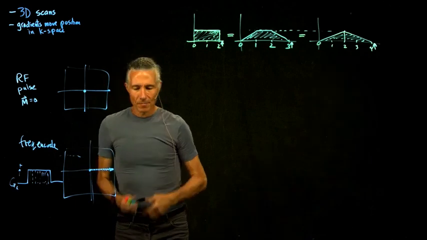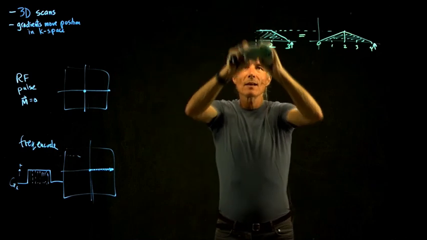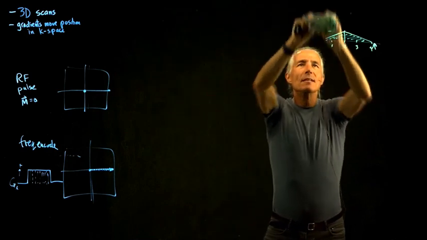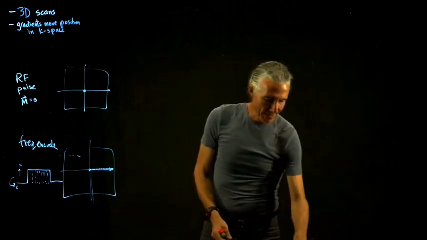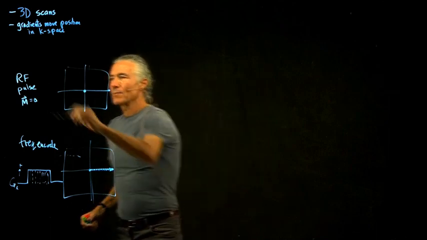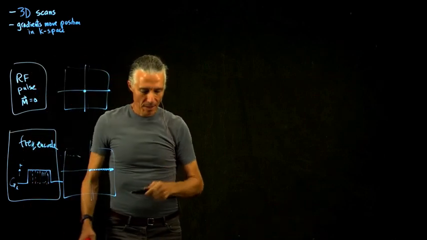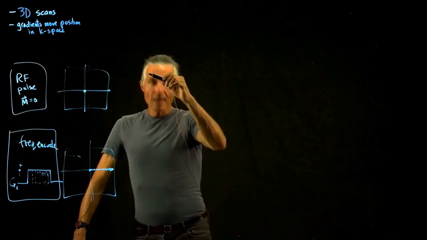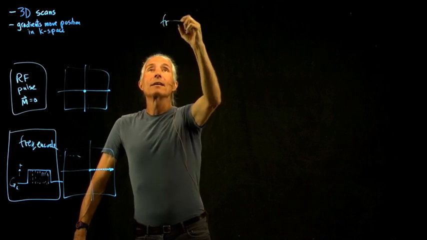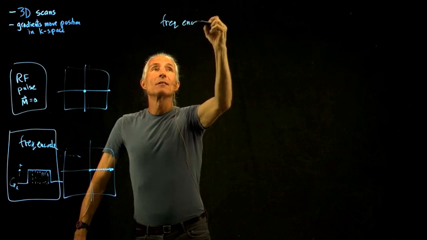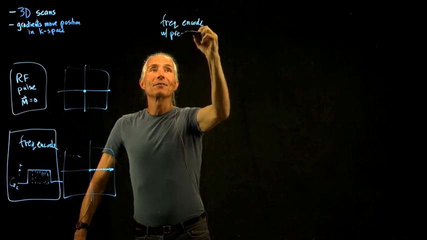Now, what about if we do something more like what we typically do, which is we first go to the most negative part of X K-space. So this was the RF pulse. Here's frequency encode. What about frequency encode with a pre-winder?